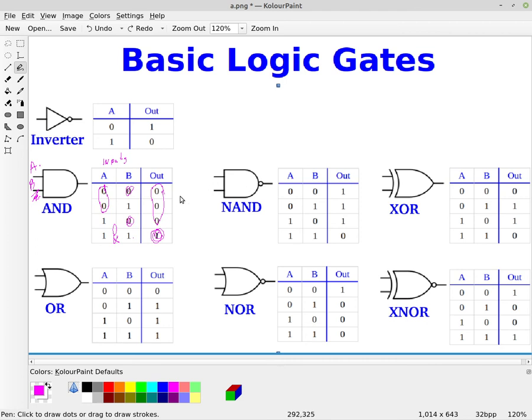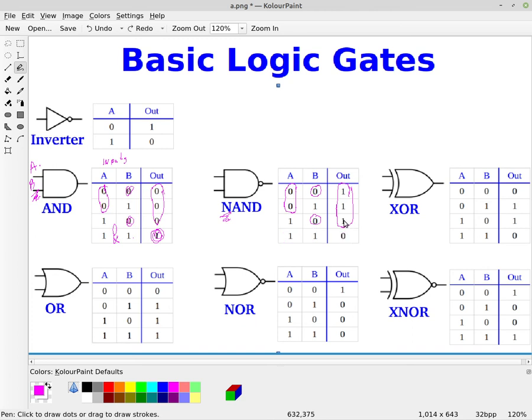And so with a NAND gate, it means you're going to invert the output. So if either the A's or the B's are 0, if either one of them are 0 or both of them are 0, you get a 1 out. But if they're both a 1, so A and B are 1, you actually get a 0 out.